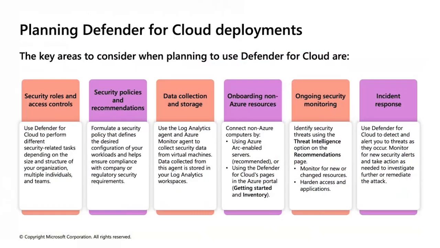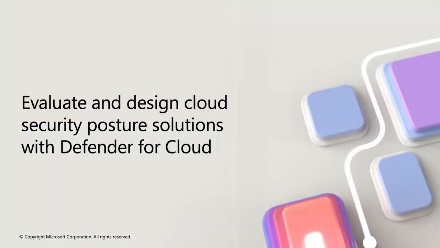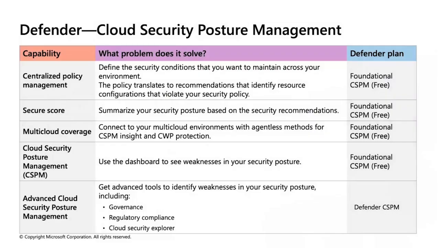Now, what next we have? Evaluate and design cloud security posture solution with Defender for Cloud. As I was talking about, Microsoft Defender for Cloud gives you two main features: CSPM, Cloud Security Posture Management, and CWP, cloud workload protection.